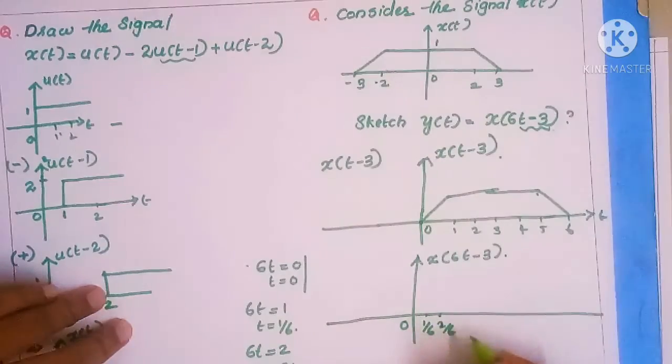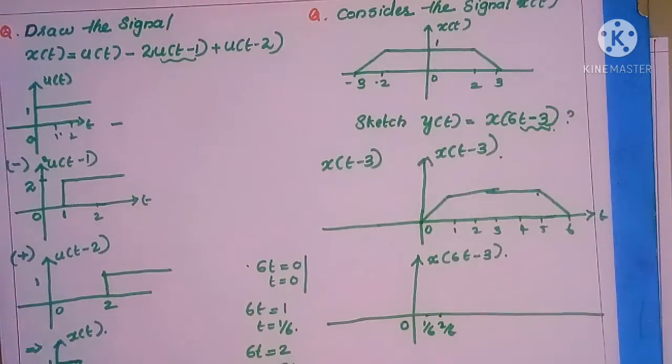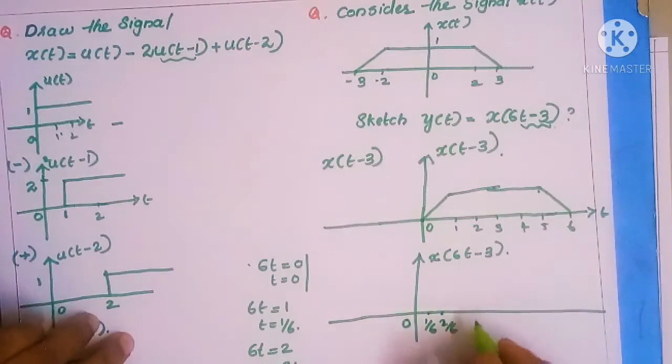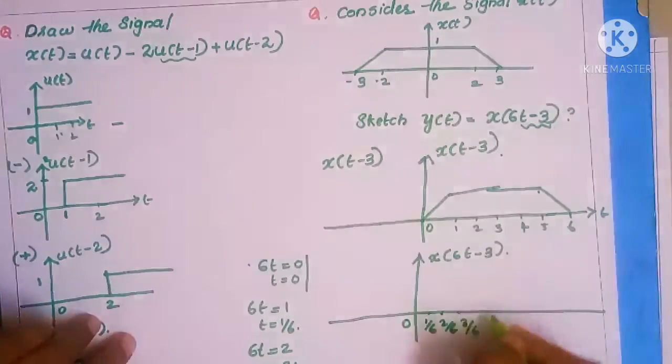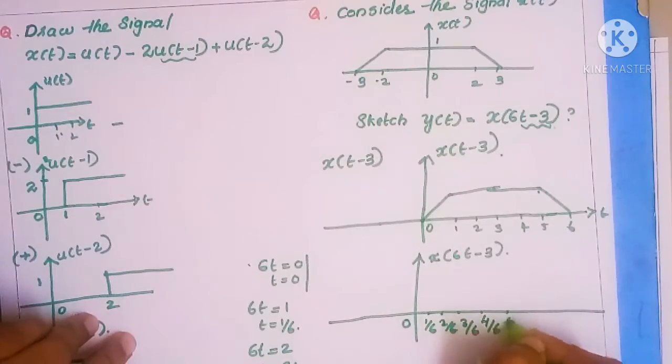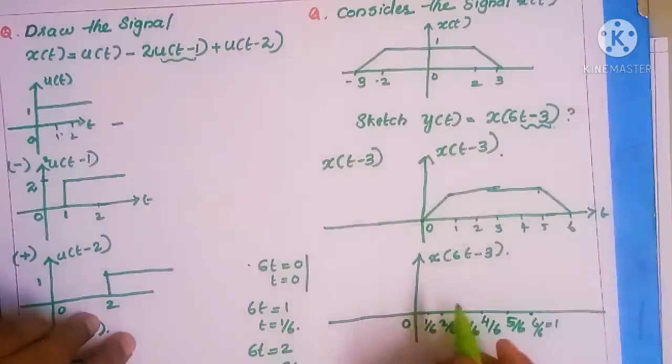Then 3 by 6, then 4 by 6, 5 by 6, and the last one 6 by 6, that means equal to 1.